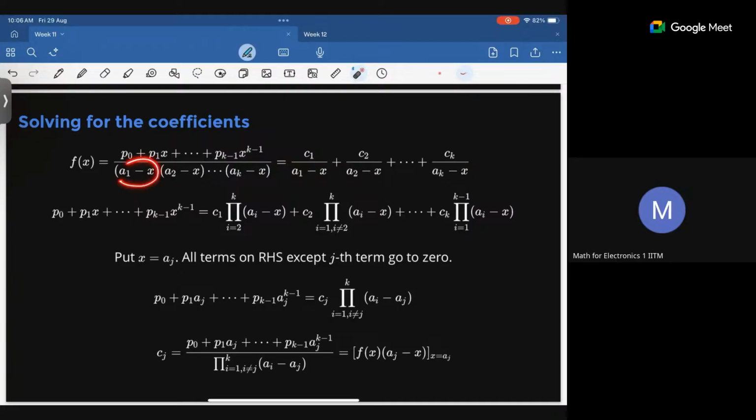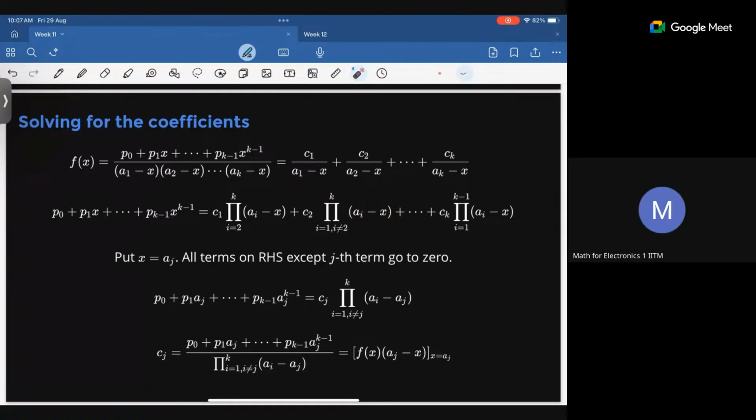The a1 minus x multiplies with the denominator a1 minus x, and this will get cancelled out in the first term, and the other terms will remain as the product, right? So the result will be c1 into the product of all the terms except a1 minus x, and this is the first term. In the second term, a2 minus x will be cancelled out, and the rest k minus 1 terms will be there. So with i going from 1 to k, except i taking 2, all (ai minus x) will get multiplied. So there will be k minus 1 terms.